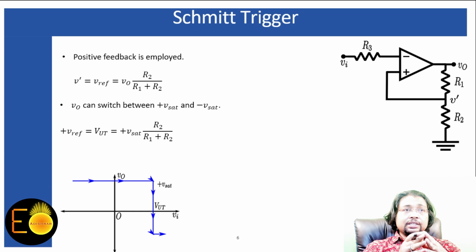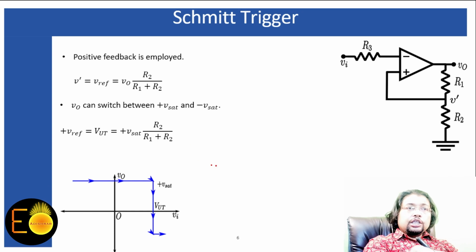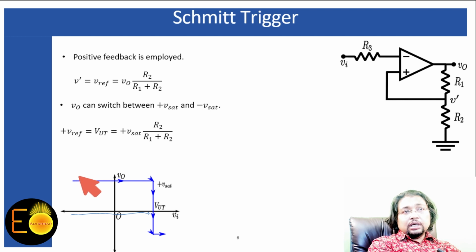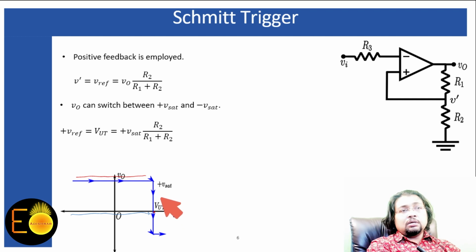First, when your input voltage is changing from the negative direction to the positive direction, the output voltage maintains the plus Vsat level until the input voltage reaches this UT, which stands for the upper threshold, and the upper threshold is the plus Vref that I have shown you.